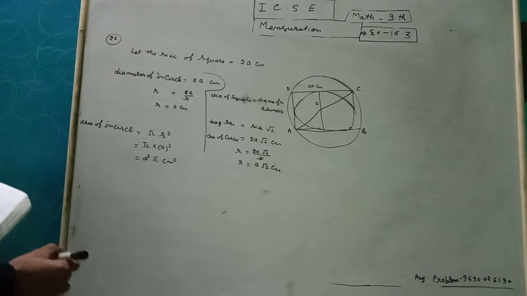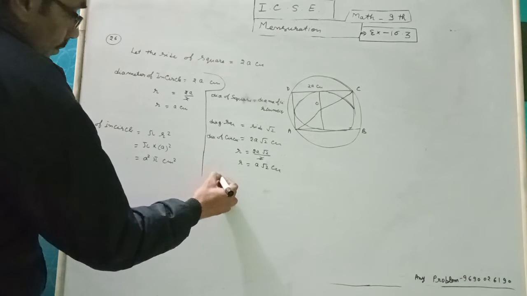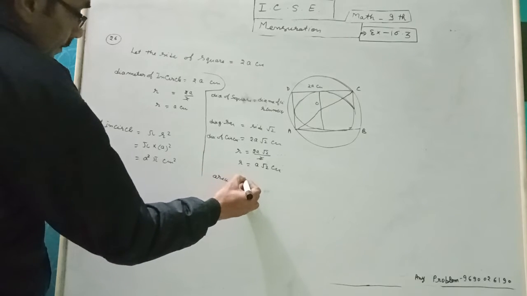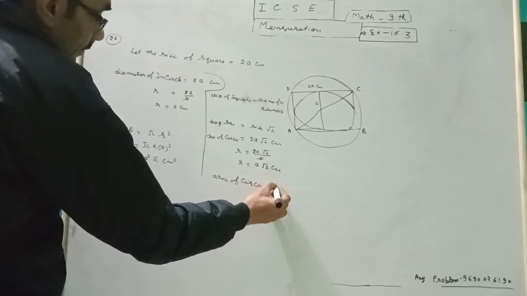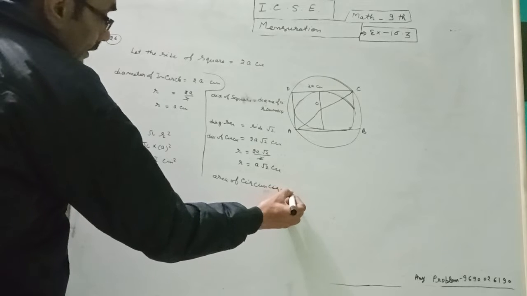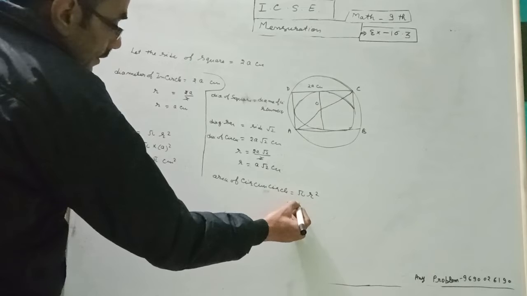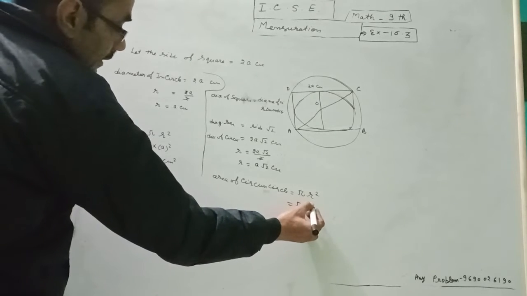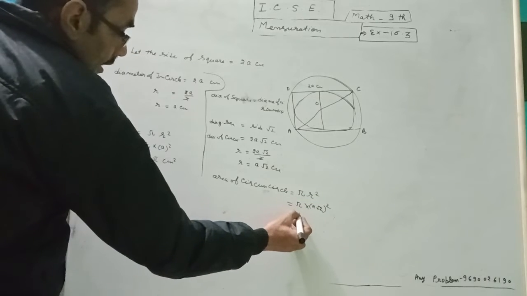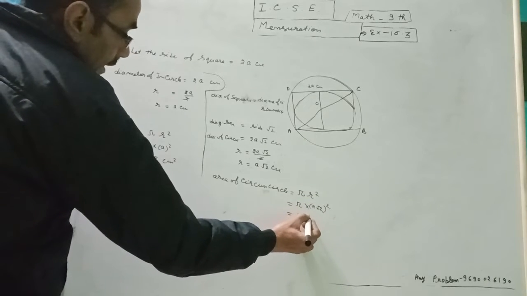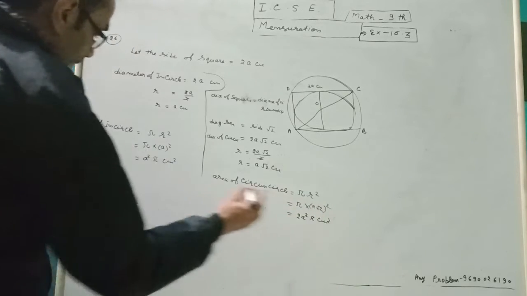Area of the circumcircle is equal to pi r square, the formula. Pi into a root 2 whole square, which is 2a square pi cm square.